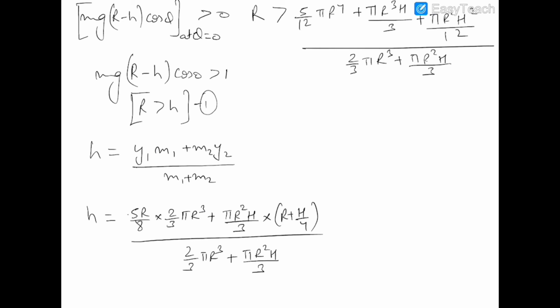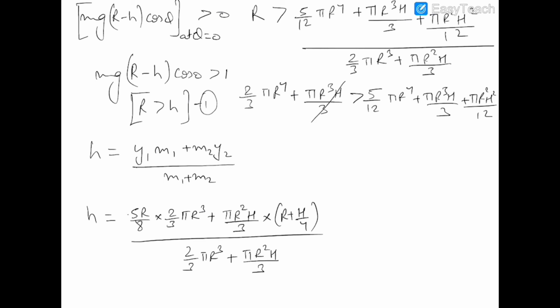Now cross multiplying, we get 2 by 3 pi r to the power 4 plus pi r cube h by 3 should be greater than 5 by 12 pi r to the power 4 plus pi r cube h by 3 plus pi r square h square by 12.